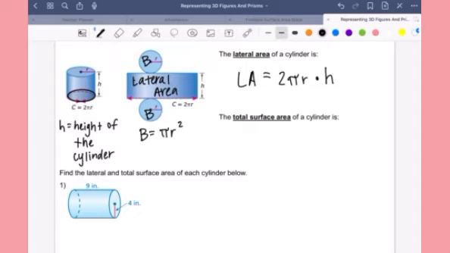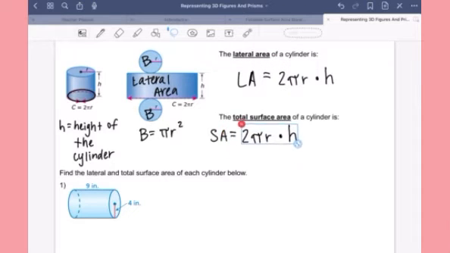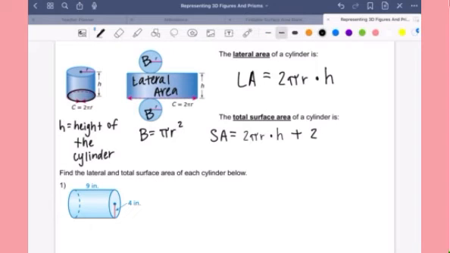So for total surface area, we're going to write the formula. The total surface area is your lateral area. So watch this. I'm just going to copy this. Copy the lateral. Paste it. And then we're going to add, just like yesterday, the two bases. So instead of writing 2 big B, all cylinders have the same base, which is a circle.